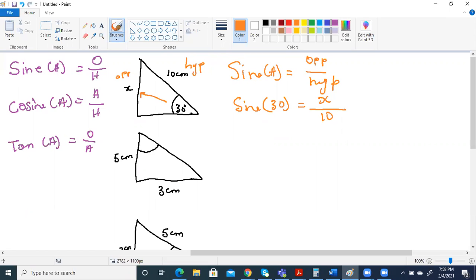So what you will have to do, you just look on your calculator and you will see sine. It will say SN on some calculators, or it will say SIN, right? So you just touch sine and then you touch the number that's in bracket. For me, I'm using my phone scientific calculator.